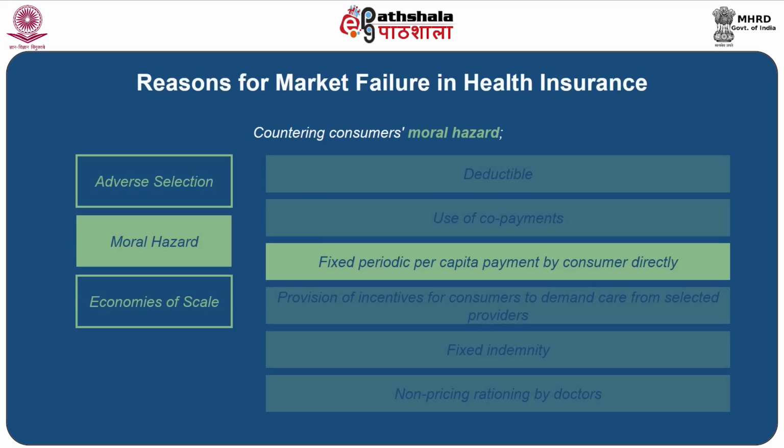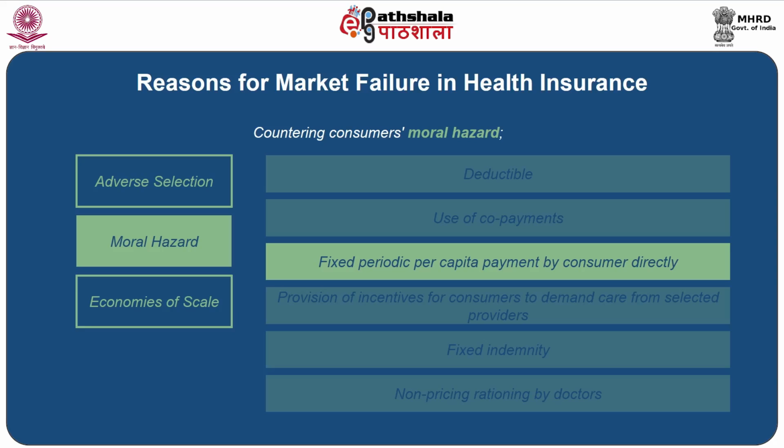Third, a fixed periodic per capita payment by the consumer directly to the provider of comprehensive healthcare, such as health maintenance organizations. HMOs are non-profit organizations which combine the supply of healthcare with insurance.